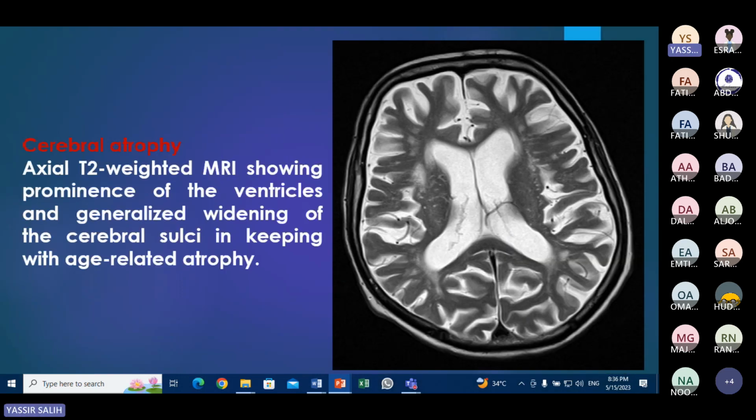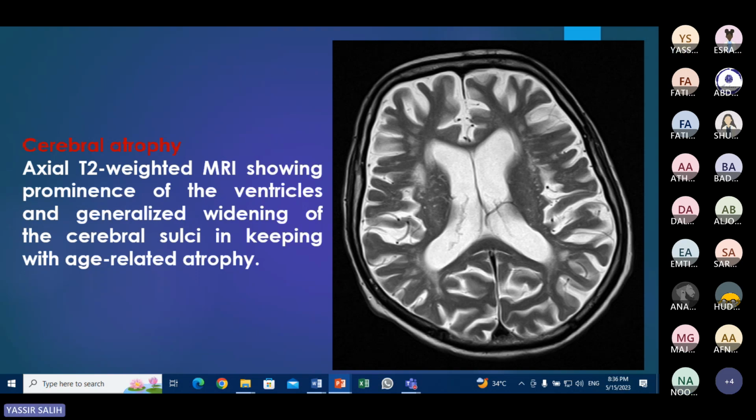Okay, describe, what is the imaging modality? What is this? MRI of the brain. Of the brain, yes. T2. Coronal, sagittal, axial? Axial.